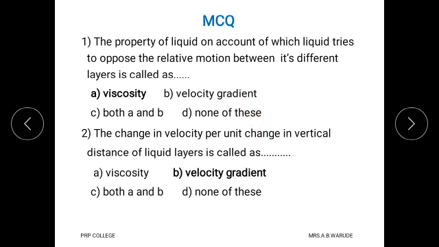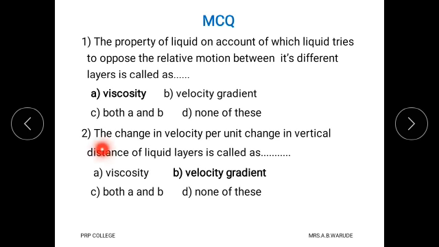As we know, the property of liquid on account of which the liquid tries to oppose the relative motion between its different layers is called viscosity. Therefore, the correct option is A, viscosity.